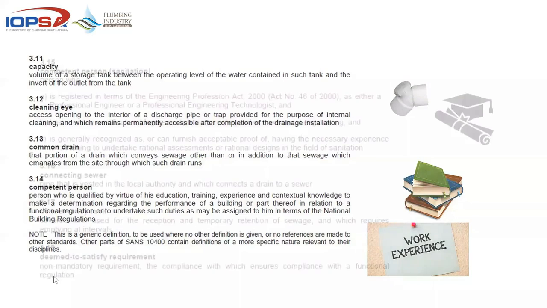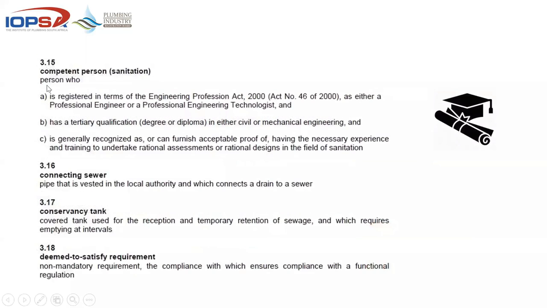So if we go to the actual one that says competent person, sanitation, in other words the person that's got to do the rational design, etc., is registered in terms of the Engineering Profession Act as either a professional engineer or a professional engineering technologist. So then tertiary qualification in either civil or mechanical, or he or she would be generally recognized as, or can furnish proof of having, the necessary experience and training.